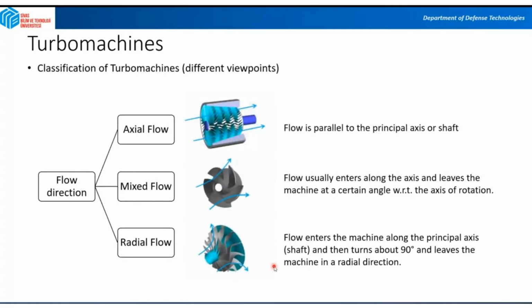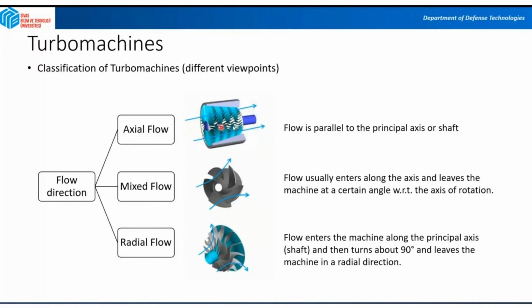From a different viewpoint, you can classify turbomachines into three categories: axial flow and radial flow, and in between there is a mixed flow turbomachine. So based on the flow direction, you have this flow inside the turbomachine that is parallel to the principal axis or shaft.